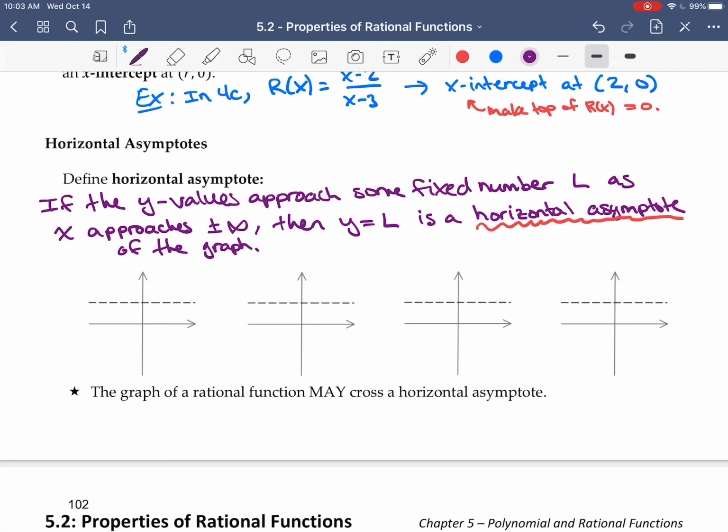They've drawn some here, so these are the equation y equals L.